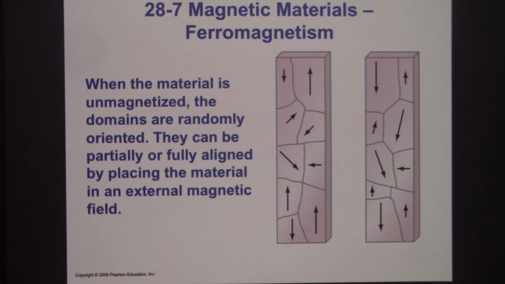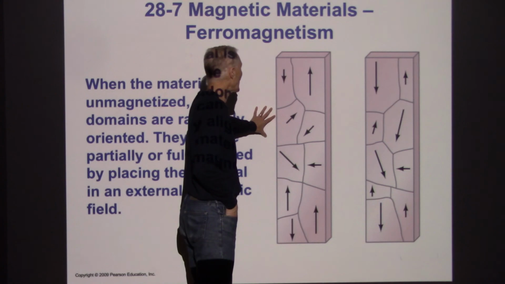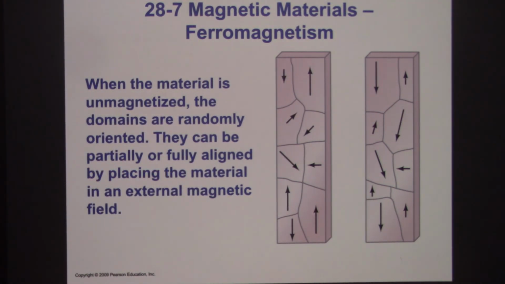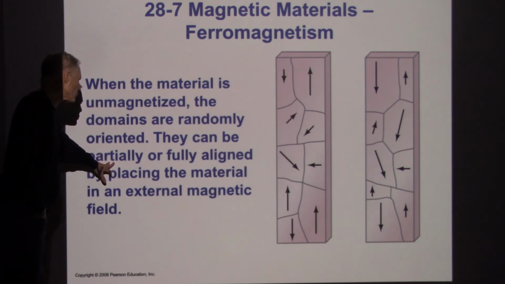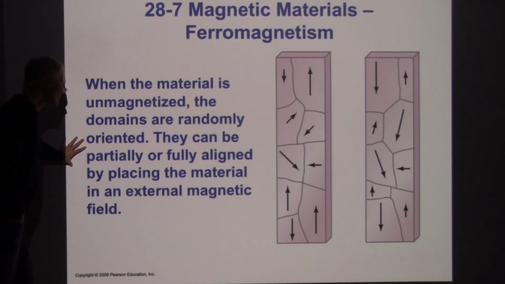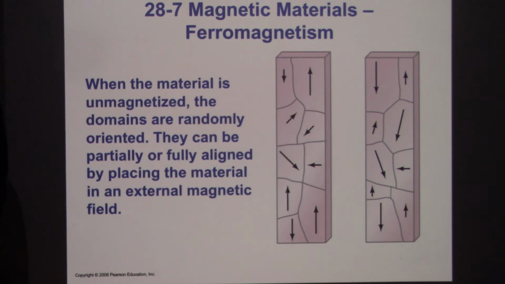Materials like iron and nickel already have these small regions where the electrons have aligned. When we magnetize something, what we're doing is taking something that is randomly aligned, and converting it into something where we have greater alignment. So what we're looking for is partial alignment; I'm not sure we ever get full alignment of all of the spins. By placing them in external magnetic fields, we can magnetize these materials.